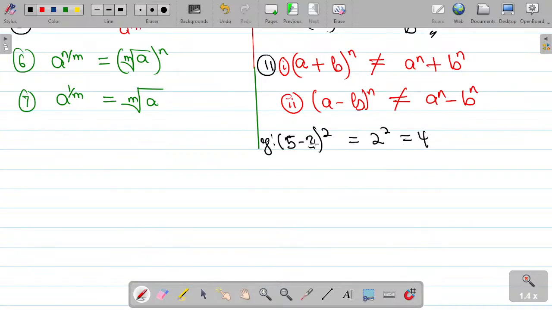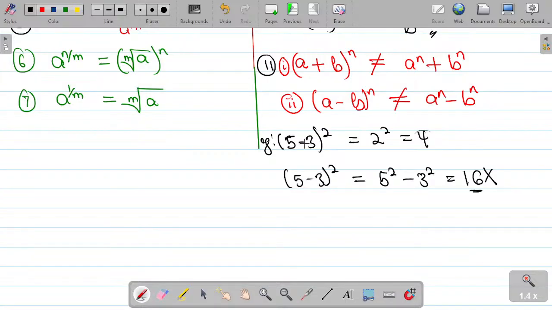Of course, if we decide to expand this like this, that's going to be 5^2 - 3^2, which is 25 minus 9, and that is 16. And of course, this is not correct. It's supposed to be equal to 4.